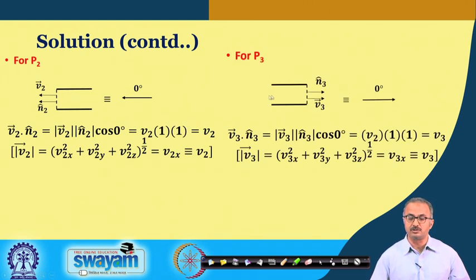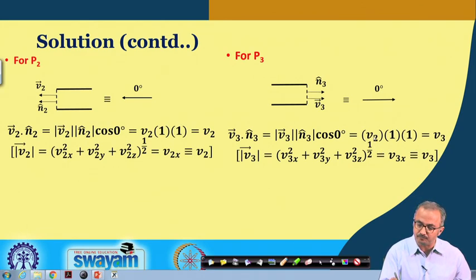Next, for port 3, again the outward normal and the direction of velocity are in the same direction, so the angle between them is 0 degrees, and again this is the expression for V3 dot N3, and we put this as V3.